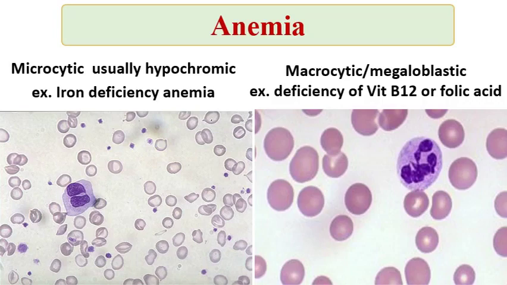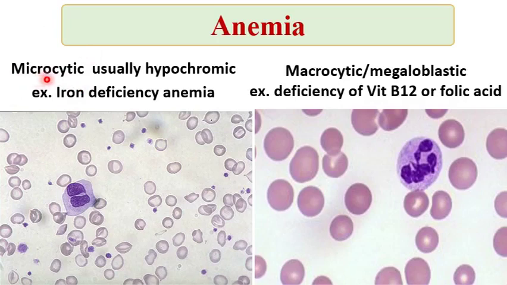Okay, let's go back. Anemia. Anemia means a decrease in the number of RBCs below the normal. Anemia has many types according to the cause. It may be microcytic anemia. What is the meaning of microcytic?